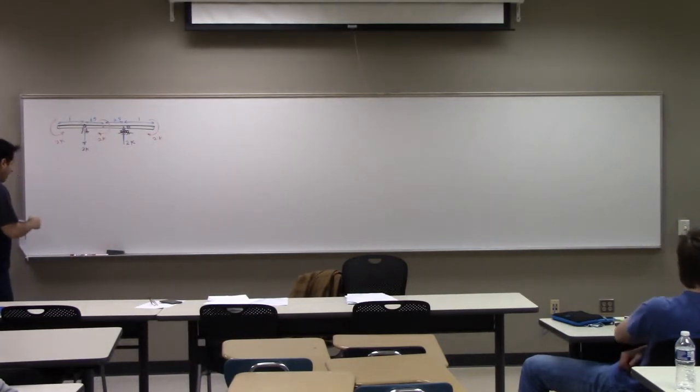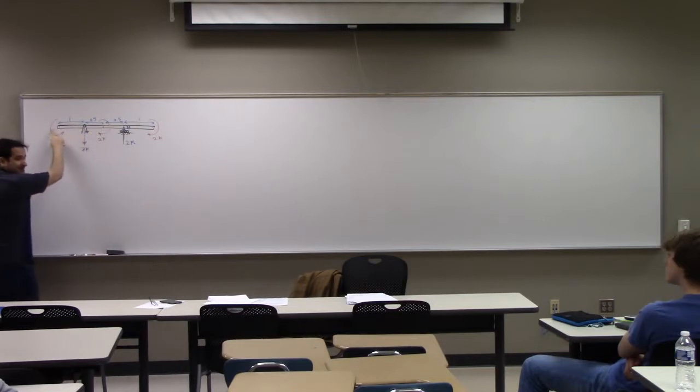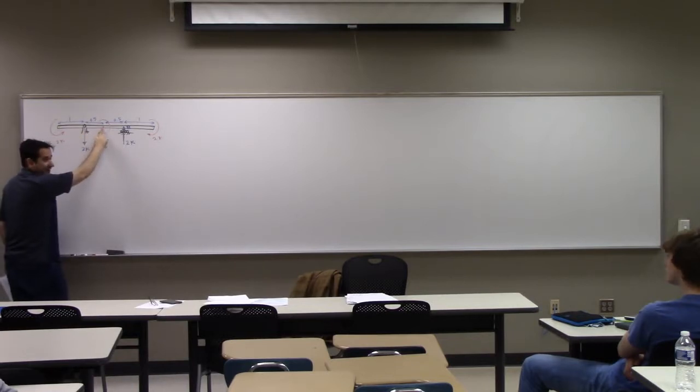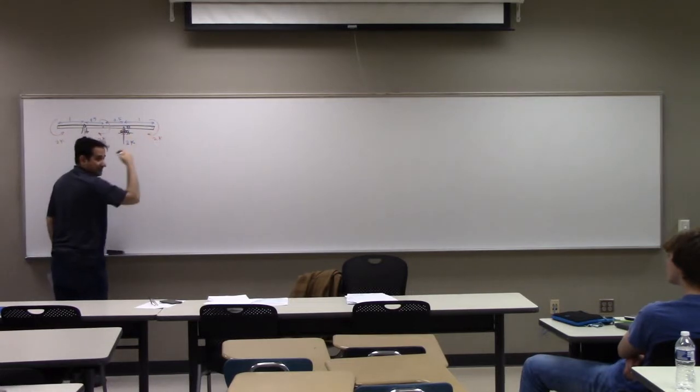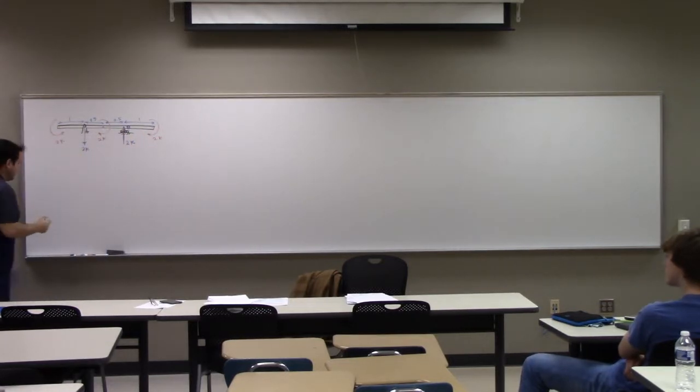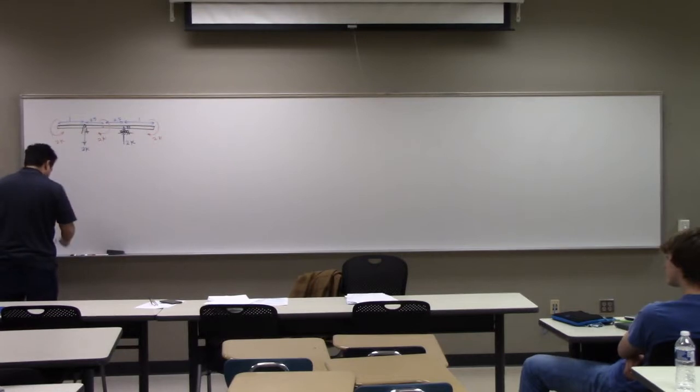Alright? So how many intervals should I consider to cut? 4. From here to here, and then you have a change. Right? From here to here, 2. You have a change. From here to here, 3. From here to here, 4. So I have to consider 4 intervals.